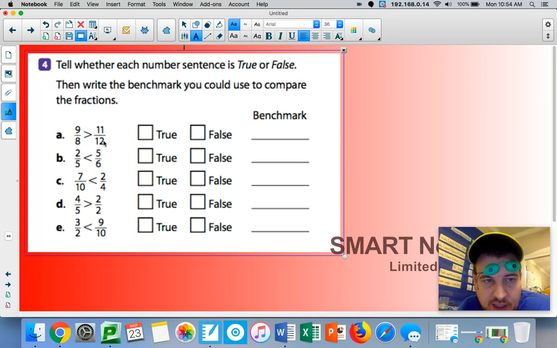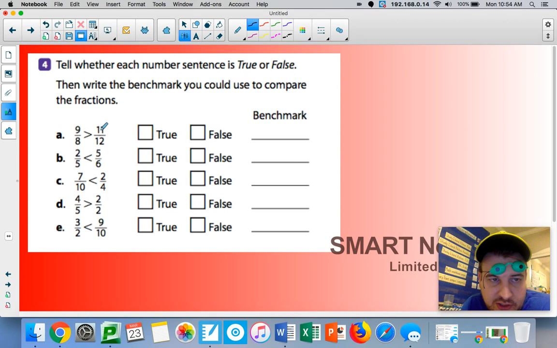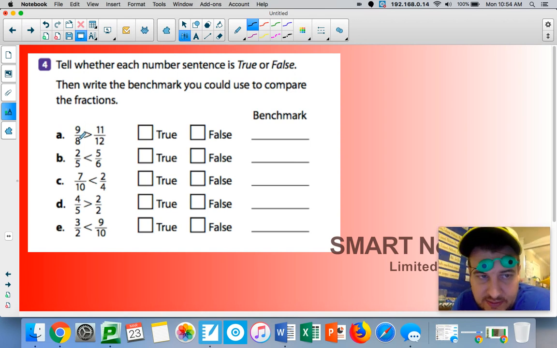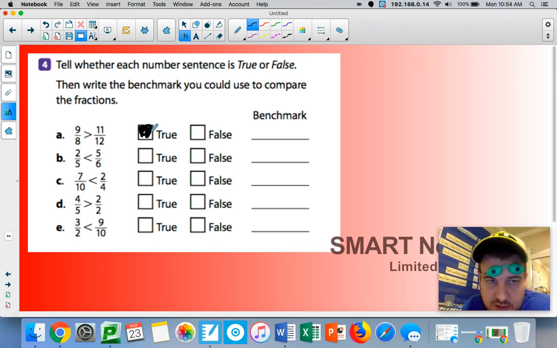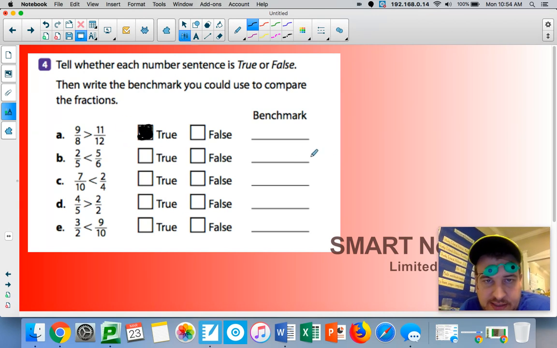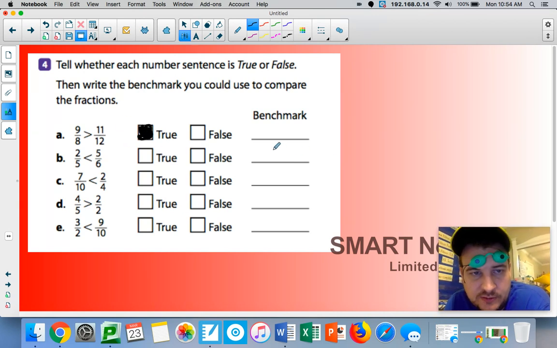Okay, so we have 11/12 and 9/8. So first off, this is a fraction, 11 pieces out of 12. This is improper. That means I have a whole and some pieces. So that is true. Okay. All right. It says write a benchmark fraction.